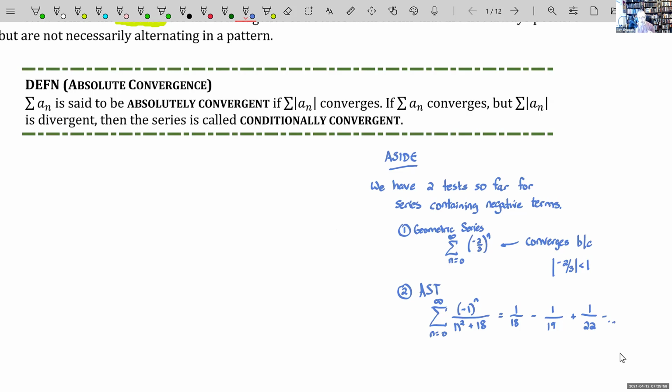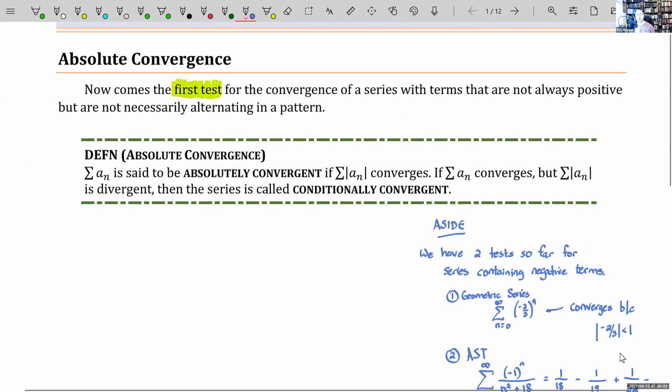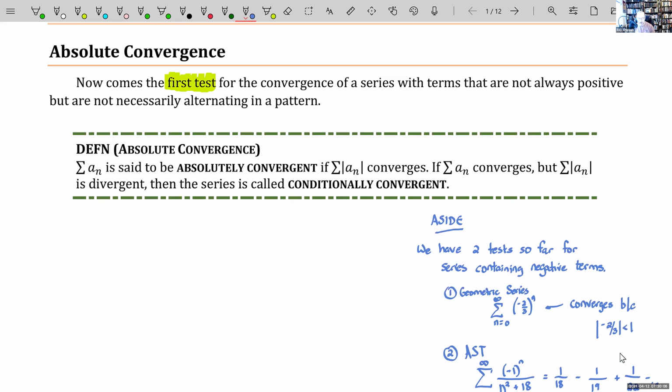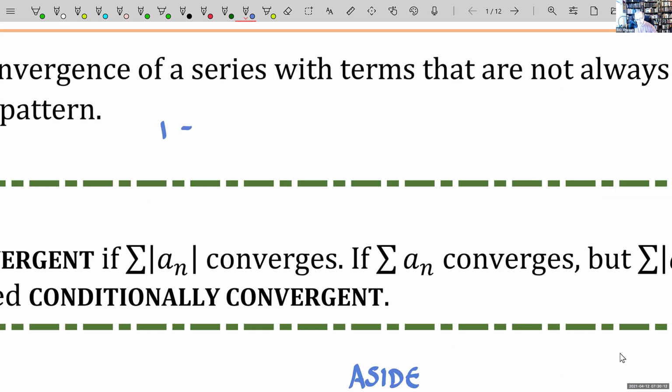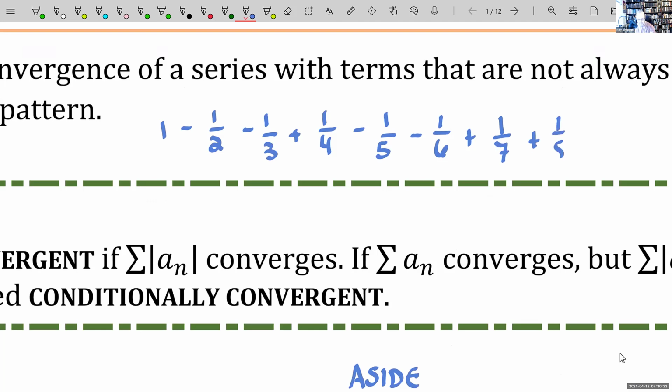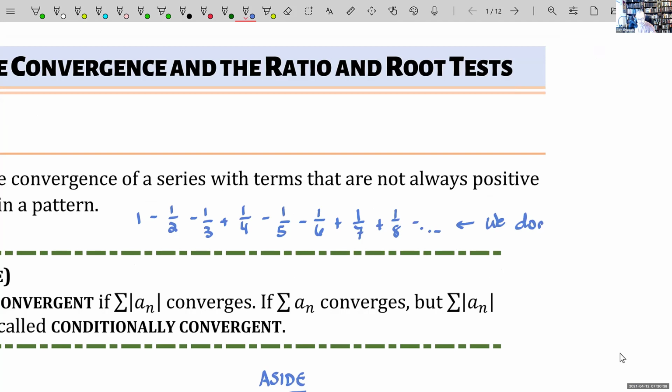However, we don't have any test for series where the terms don't necessarily pop back and forth, like 1 minus 1/2 minus 1/3 plus 1/4 minus 1/5 minus 1/6 plus 1/7 plus 1/8, minus, and so on. There's no real pattern to the plus minus business here. Because of that, it's not popping back and forth, and we don't have a test for this.